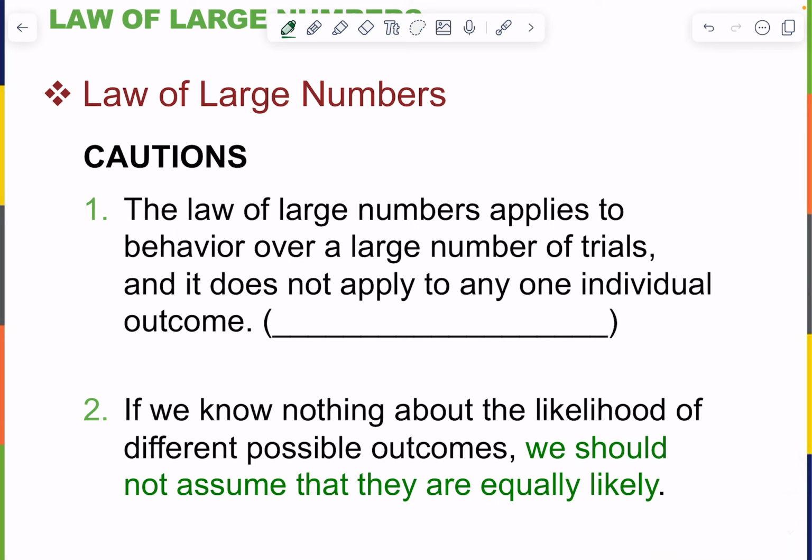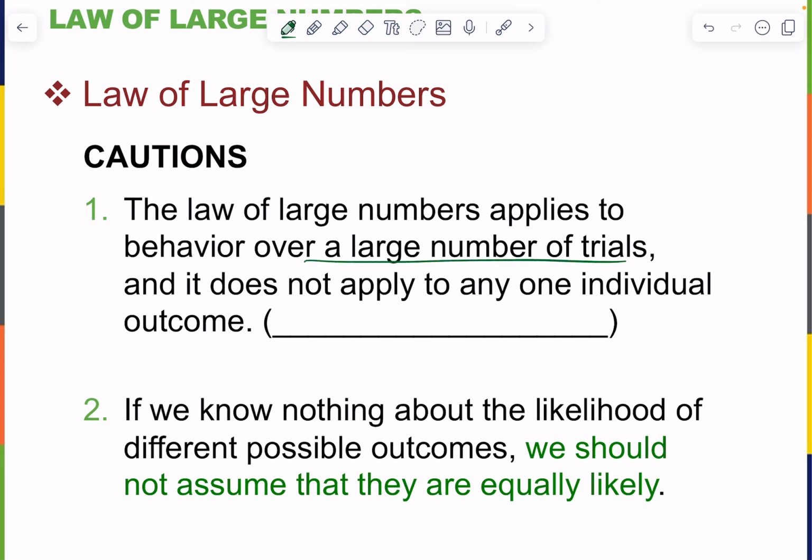The law of large numbers applies to behavior over a large number of trials and does not apply to any one individual outcome. So what that means is that the probability of winning a coin flip is 1/2 in general over a large number of trials.